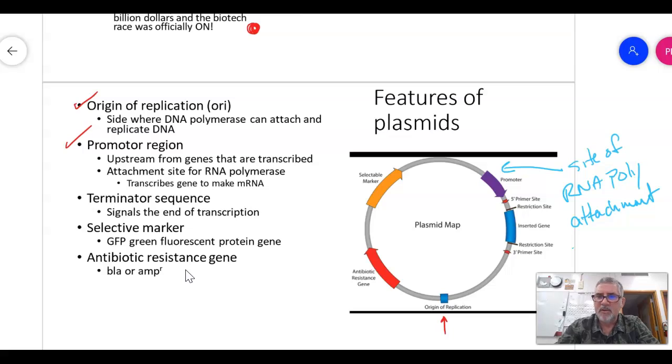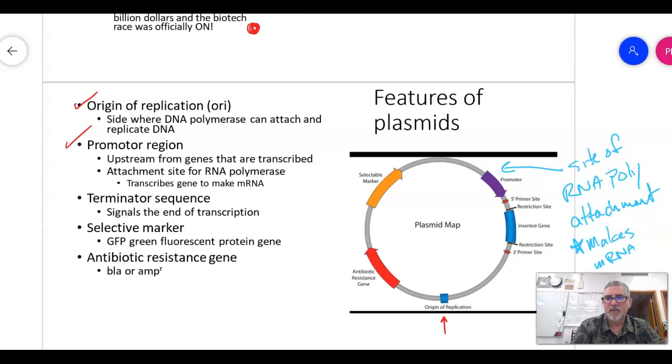So this is what's going to make the mRNA. So that's the site of the RNA polymerase attachment. It needs a promoter site.